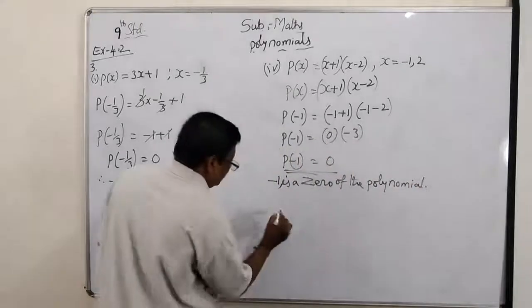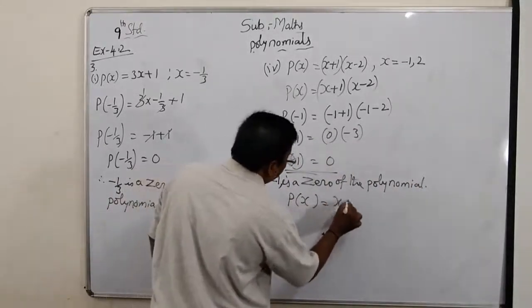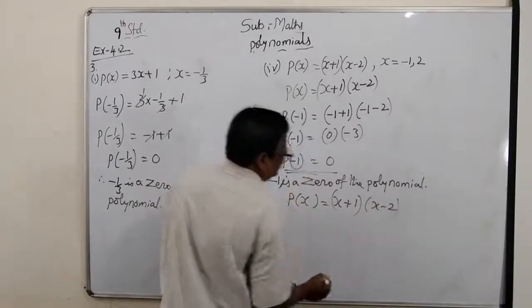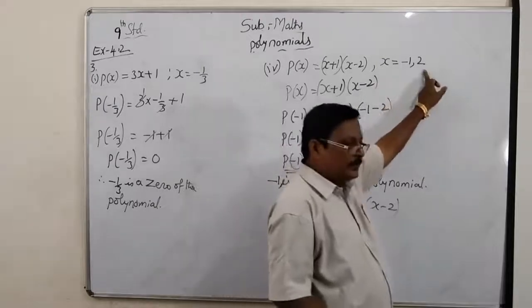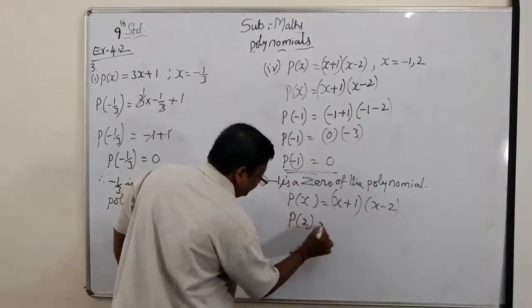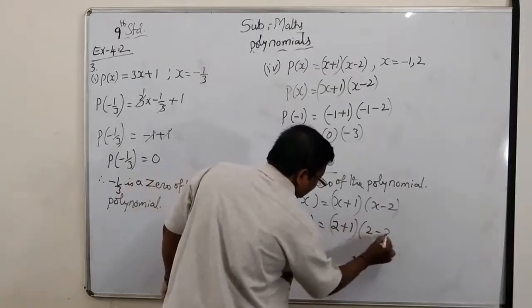Next, p of x is equal to x plus 1 into x minus 2. Now take the x value as 2. P of 2 is equal to 2 plus 1 into 2 minus 2.